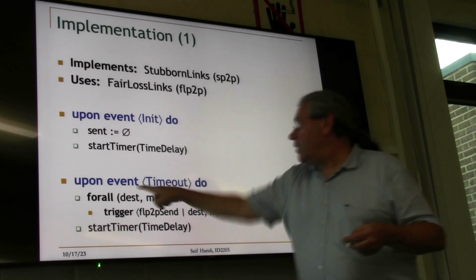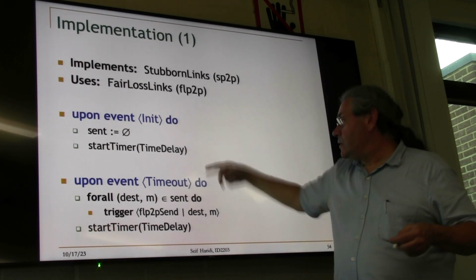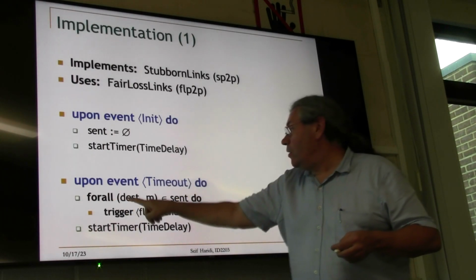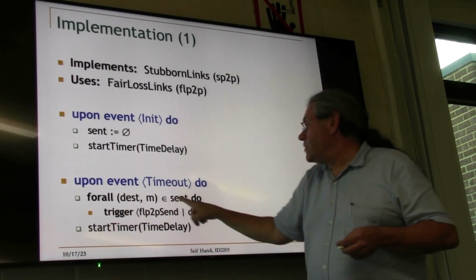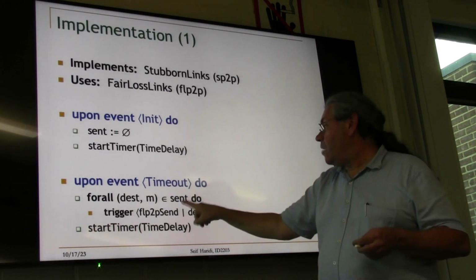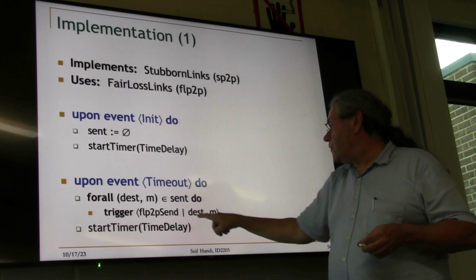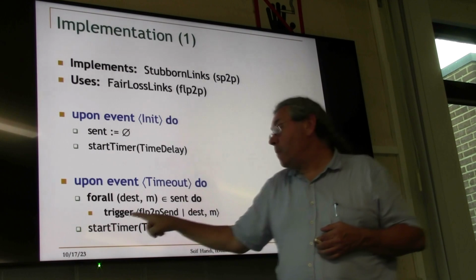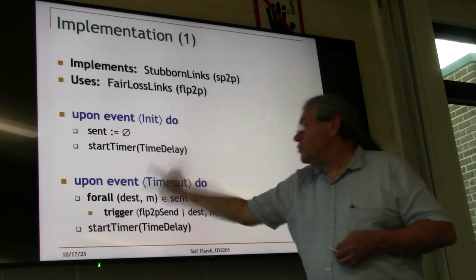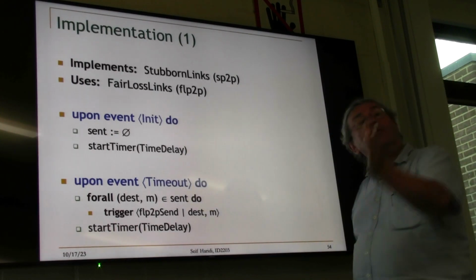When I have a timeout event, so that's upon event timeout, then this code can be executed, and what it does is for all pairs, so we're assuming that the sent set has pairs of destination and message. For all m element of the set, I do a trigger, fair loss point-to-point send dest m. So trigger is a sender, it's terminology, and then I start the timer again. So this is an infinite loop, using a timed loop.